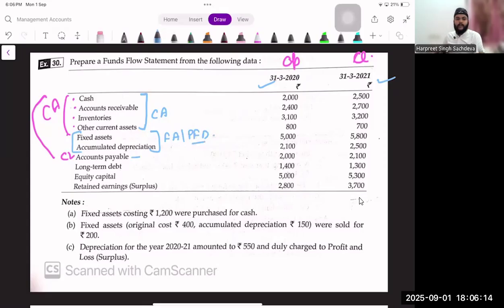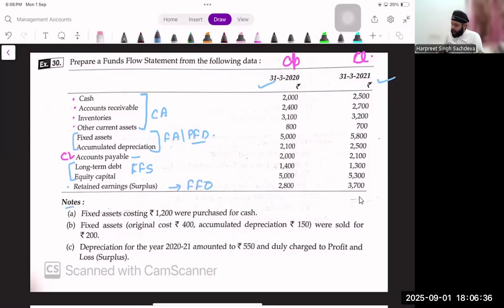Accounts payable is a current liability. Okay, this will also go to the working capital statement. Then long term debt, equity capital, retained earnings. Long term debt and equity can go to the FFS normally, and retained earnings will go to FFO.